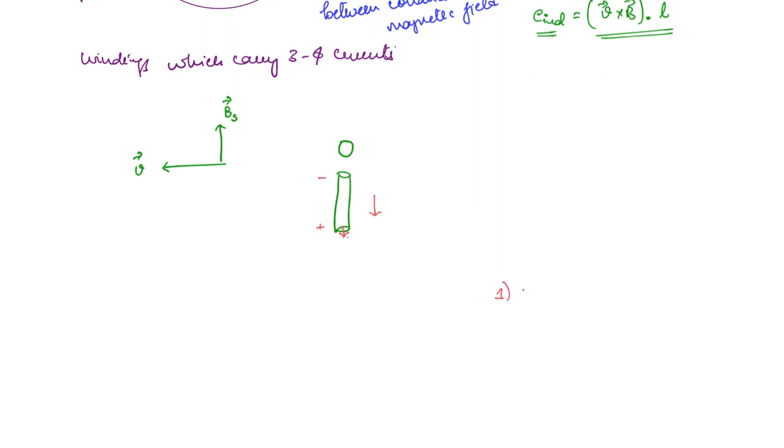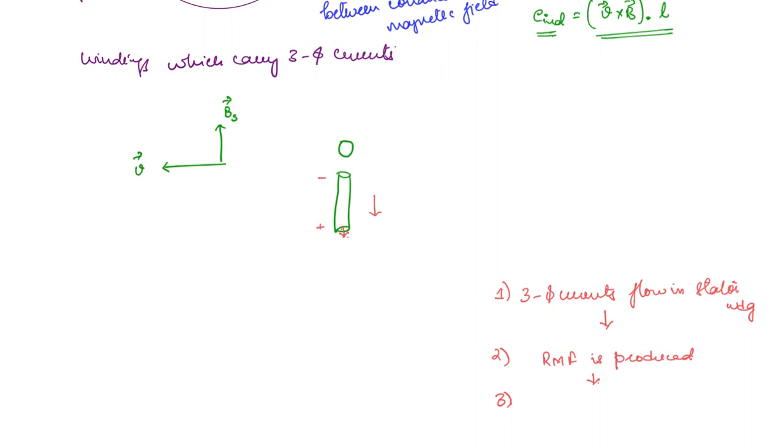First, what is happening? Three-phase currents flow in the stator winding. And because three-phase currents flow, what is going to happen? A rotating magnetic field is produced. So this might feel like repetition, but only when you consolidate in this manner will you be able to remember it in the long term. Okay.